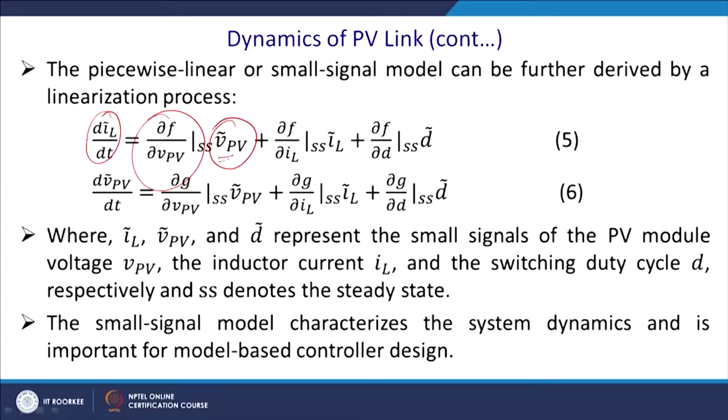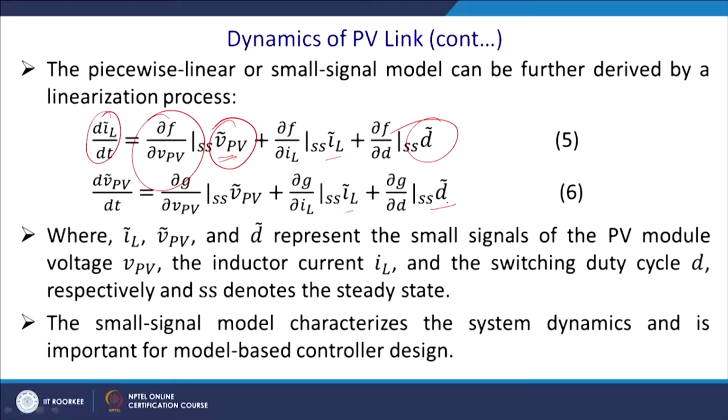The inductor current will change for the perturbation of the PV voltage, as well as the perturbation of the PV current and the perturbation of the duty cycle. Similarly, the PV voltage will change for the perturbation of the PV voltage, as well as the current through the inductor and the duty cycle.